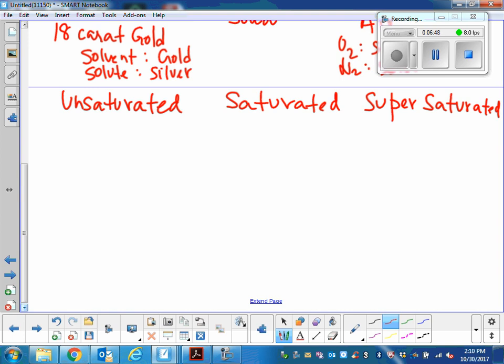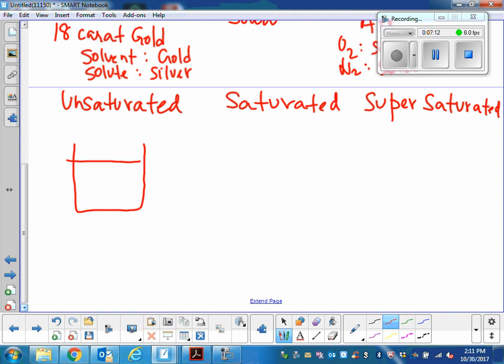Well, no, it's fully mixed. Otherwise, it's not a homogeneous mixture. It can be a solution. So, I'm taking salt and I'm adding it to water. What makes the solution an unsaturated solution?